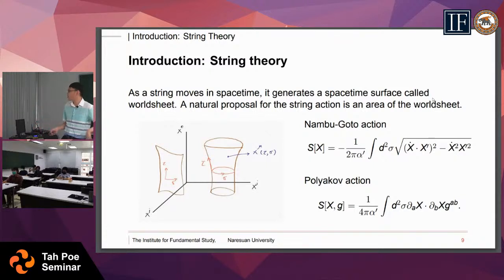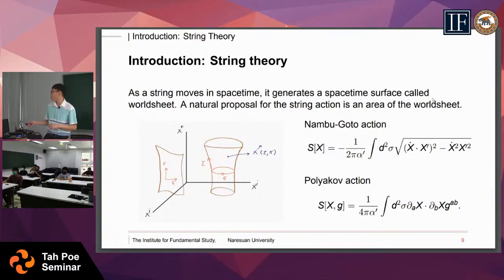Instead, we will use another action called the Polyakov action, and the Polyakov action is given by this equation. Now we don't have the square root here. Instead, it is a quadratic form, which is easier to quantize, right?